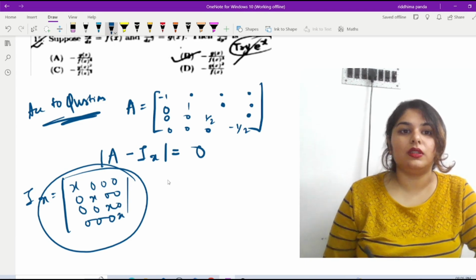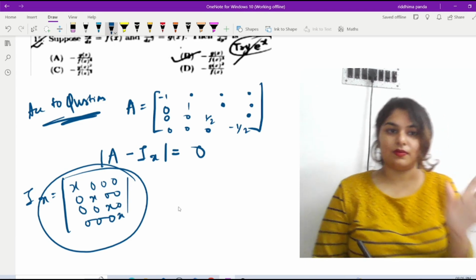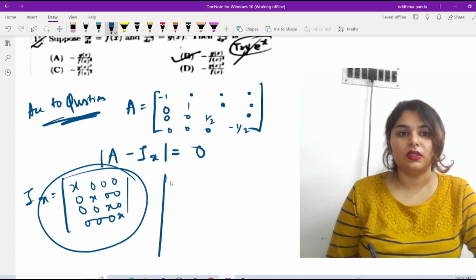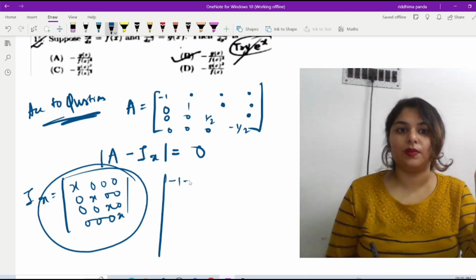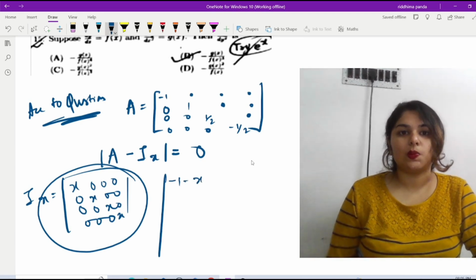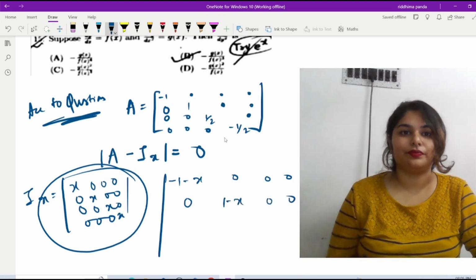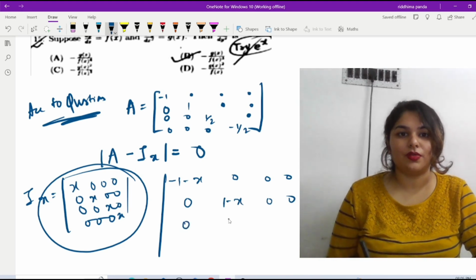So what will be our determinant of A minus Ix here? That is -1 minus x, 0, 0, 0, 0, 1 minus x, 0, 0, 0, 0, half minus x, 0, 0, 0, 0, minus half minus x.